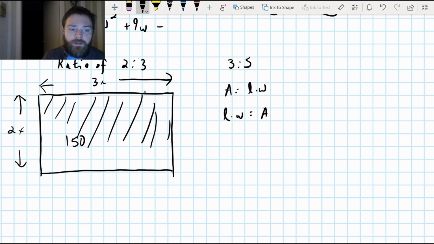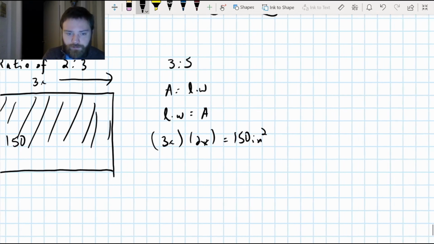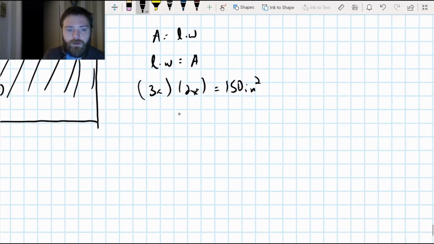I know my length is 3x and my width is 2x. And I know that the area is 150 inches squared, right? So 3x times 2x is going to be 6x squared equals 150 inches squared.